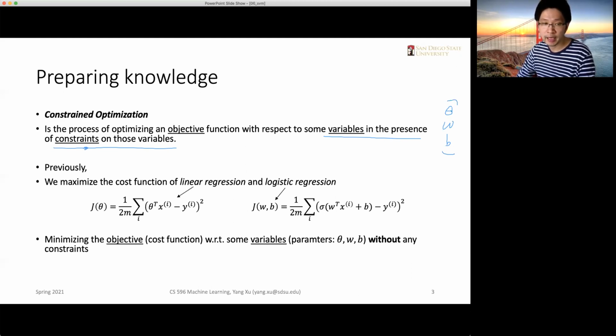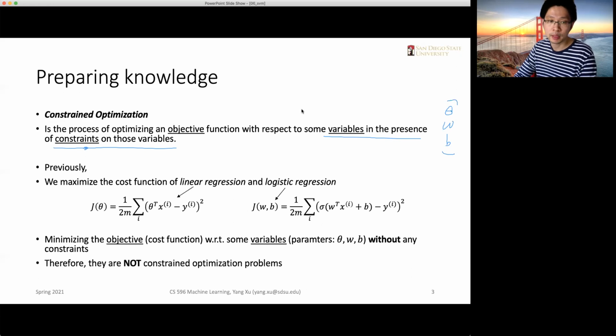We didn't have major difficulties because those optimization problems are not constrained. We don't require that your theta or your W or B must be within a certain region, in either the linear regression or logistic regression case.